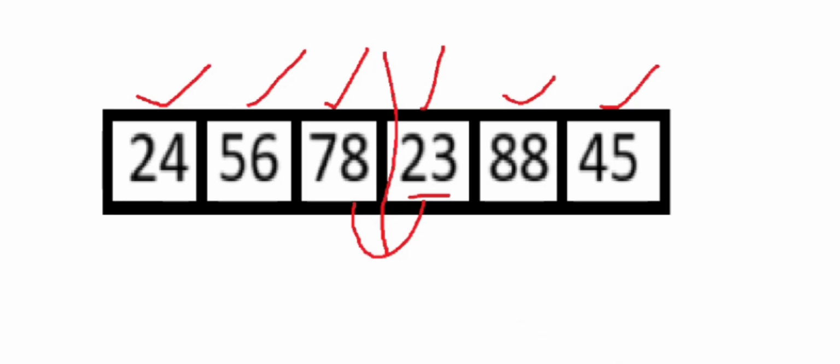Because if you run till n length, it will be swapped again and again. Are you getting my point? If you are running till n length, first I'll mark here. First you will swap 24 and 45, done. 56 and 88, done. 78 and 23, done.